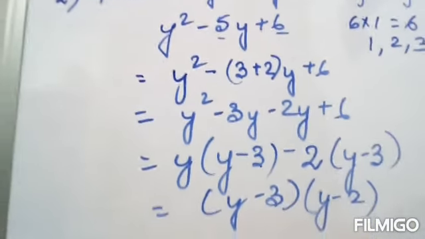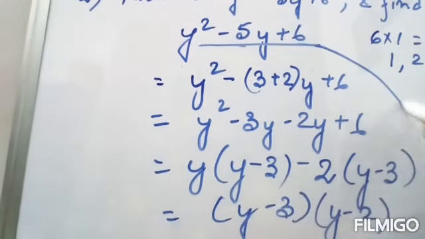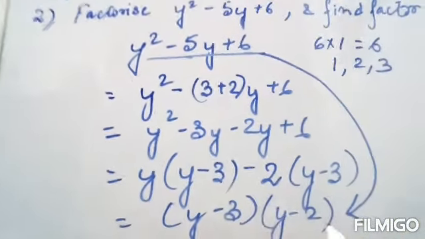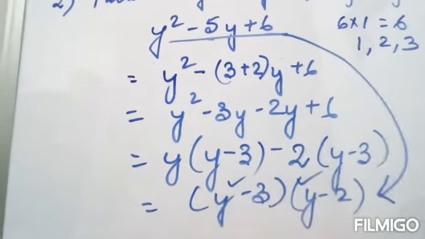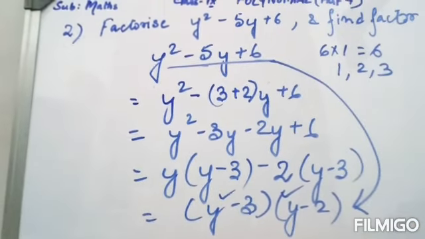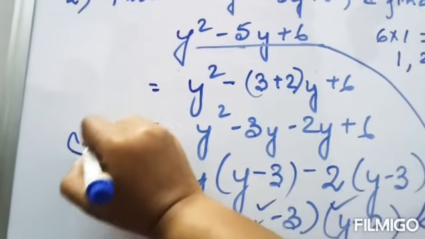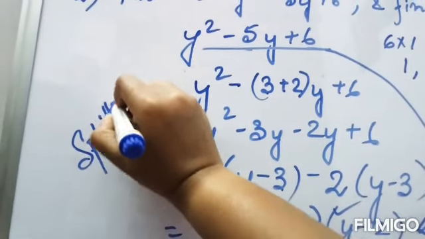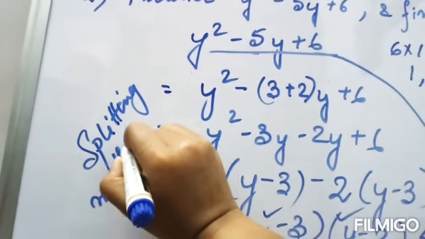Correct? So what does this mean? This polynomial is the product of these two polynomials. Hence, these two polynomials are the factors of the given polynomial. Understood? This is our splitting method, or middle term factor, as we know from our junior classes.